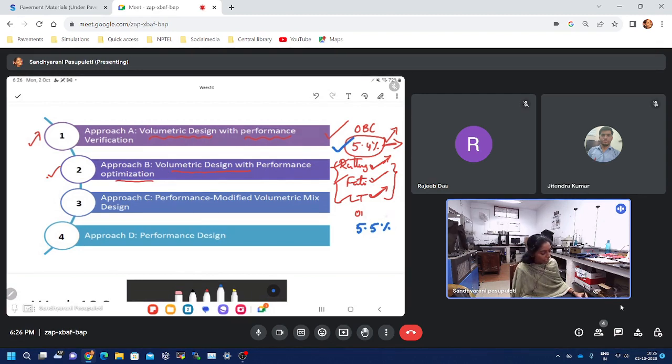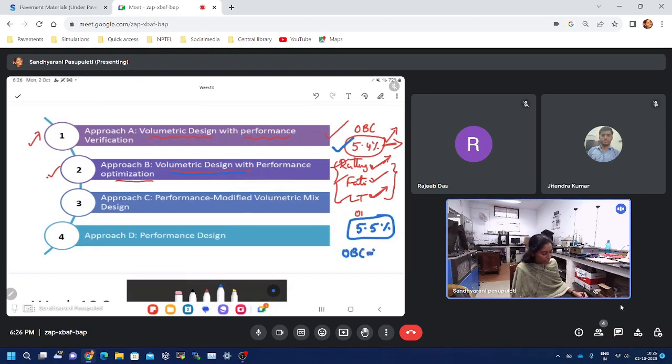So here we have the facility to change the binder content to above the OBC. Initially we will prepare the specimens at OBC and also we will prepare specimens at higher than the OBC. Still, we will be following the volumetric design process. Once all the volumetrics are satisfied, that is corresponding to the 4% air voids, only that bitumen content will be chosen for the OBC determination.